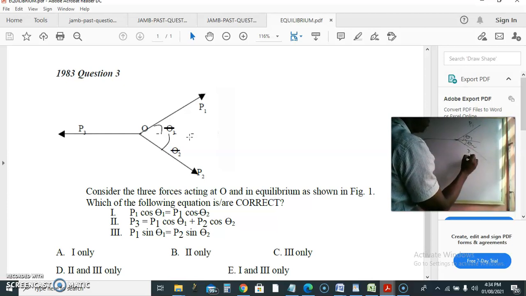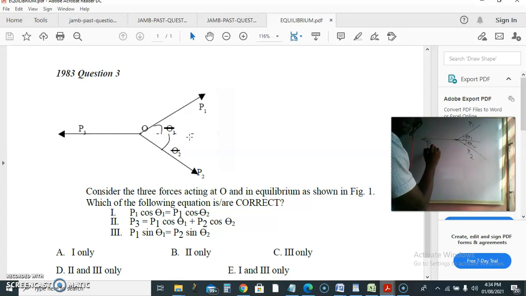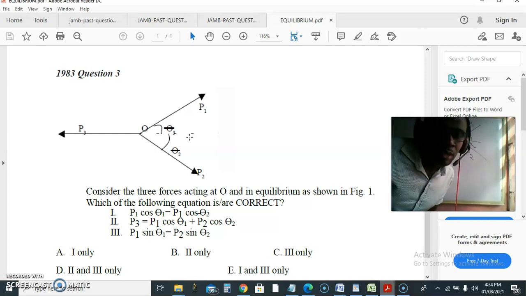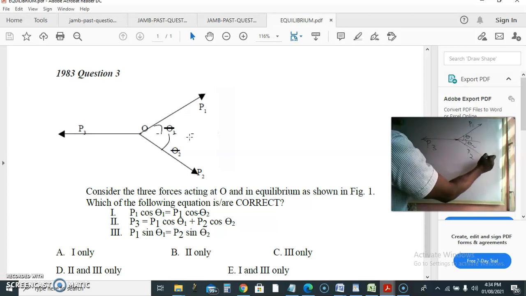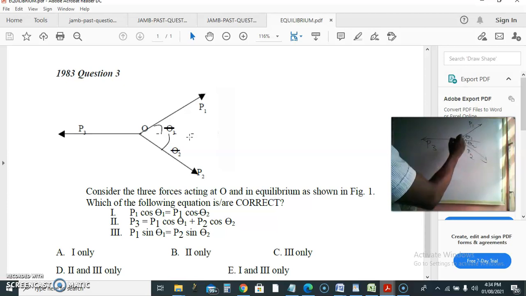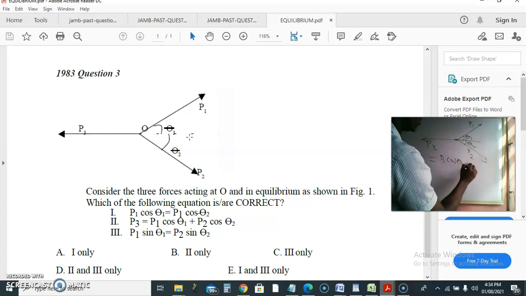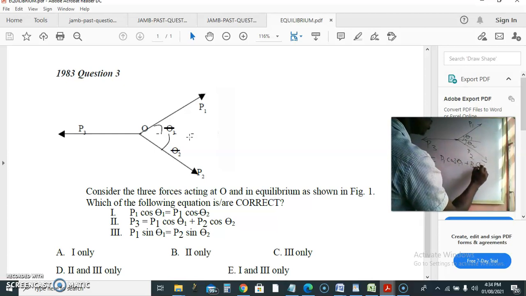For this system to be in equilibrium, the sum of the horizontal components should be equal to the sum of the vertical components. Resolving horizontally, P3 should be equal to P1 cos theta 1 plus P2 cos theta 2.